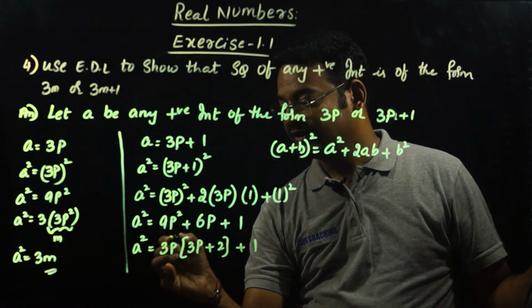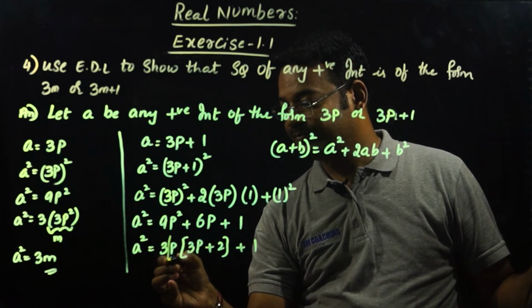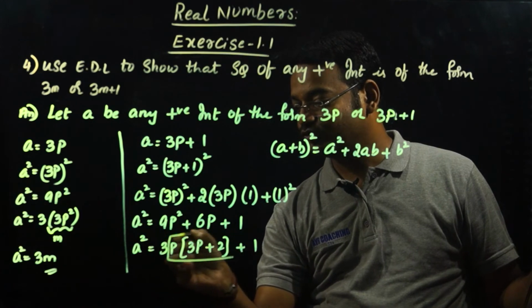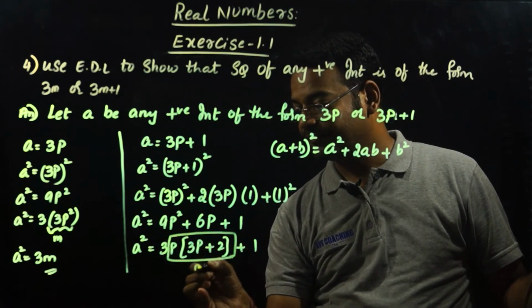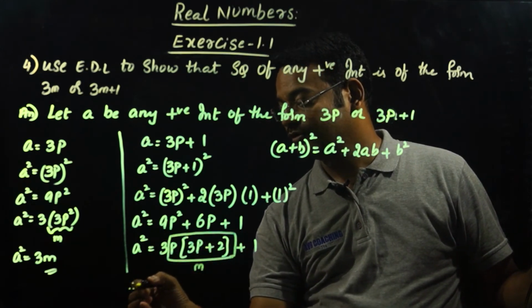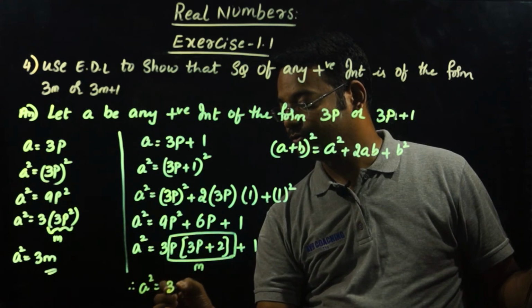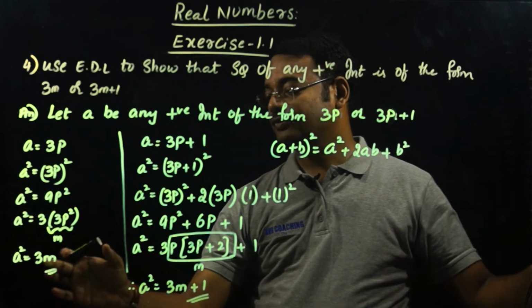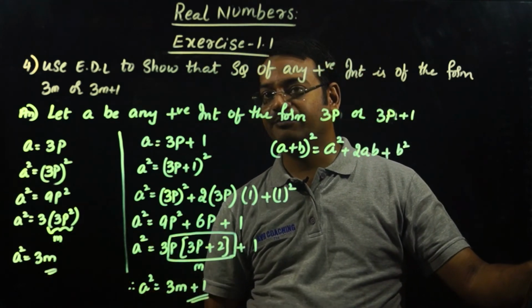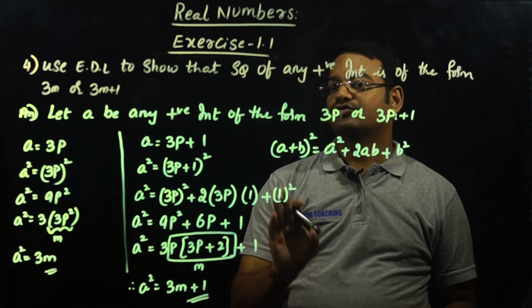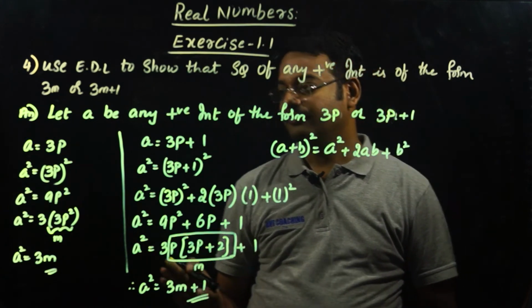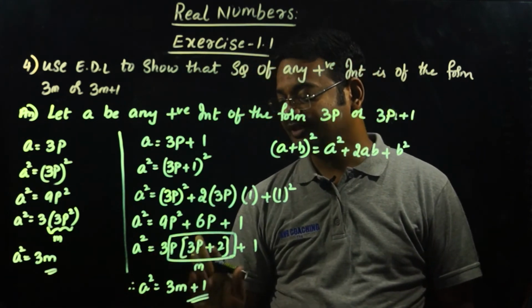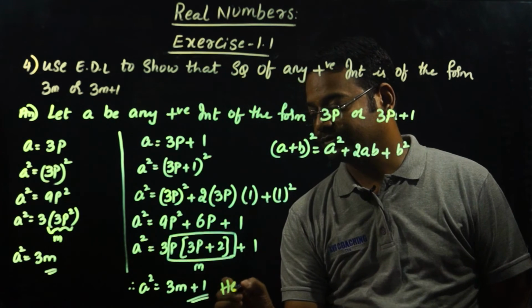Now we'll consider 3p(3p plus 2) as m. Therefore A square is equal to 3m plus 1. So we got A square is equal to 3m and A square is equal to 3m plus 1. Therefore the square of any positive integer is of the form 3m or 3m plus 1. Hence proved.